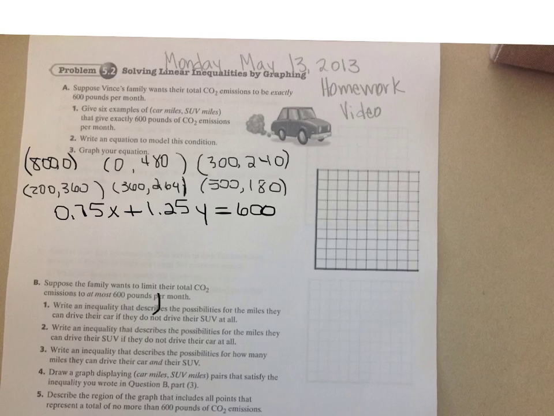All right. When we graph any equation, we have to solve for y and put it into y equals mx plus b form. If you look at our equation now, our equation is in standard form. So we need to go ahead and solve for y so that we can graph this equation.